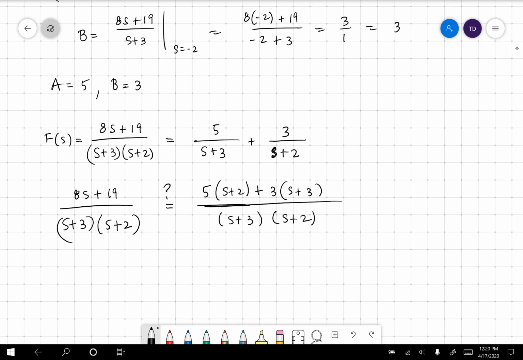So there's a corresponding term that looks like the following: A over (s minus p). We're going to have a term where we can find the A value, where A is equal to (s minus p) times F(s), all evaluated when s is equal to p.